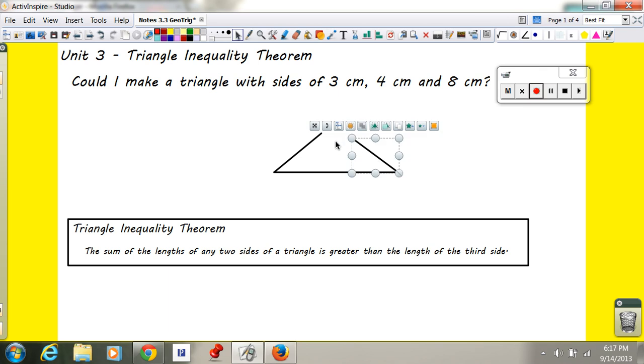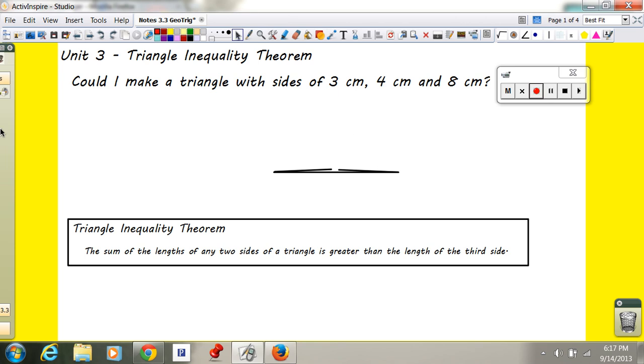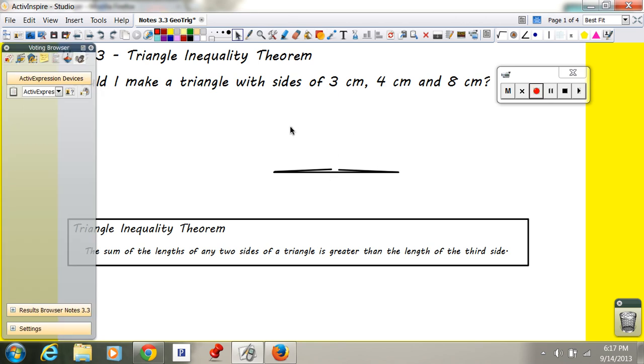Okay, maybe I need to bring them closer together. Maybe it's a bigger obtuse triangle. Let's see if that would work. Still too short. Let's see if I brought it down closer. Still too short.